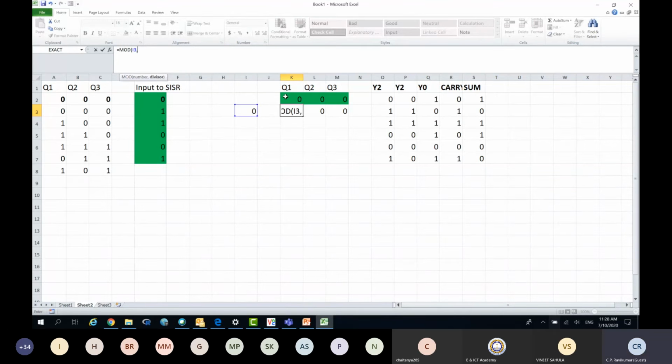To that I am going to add the sum, right, and take this. And similarly here, this signal plus the carry.